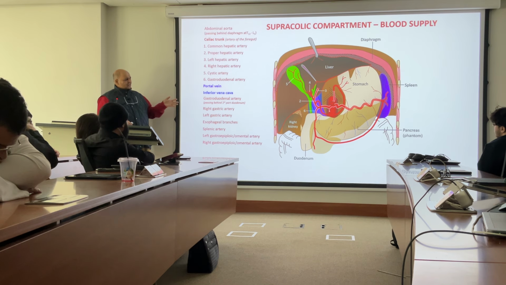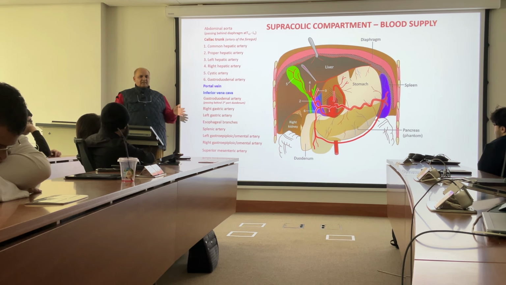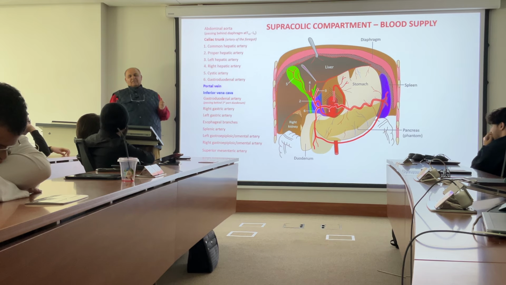Then we have this gastroduodenal goes and supplies. We will not be talking here at the moment, because when we talk about the blood supply of the pancreas, it has a double supply. Half of the pancreas, the head of the pancreas, half of it comes from my foregut, half comes from my midgut.